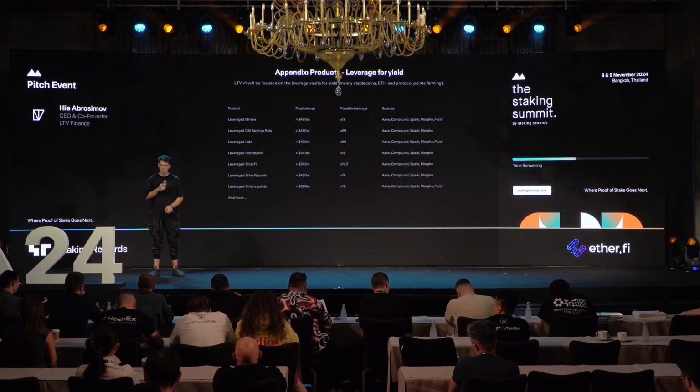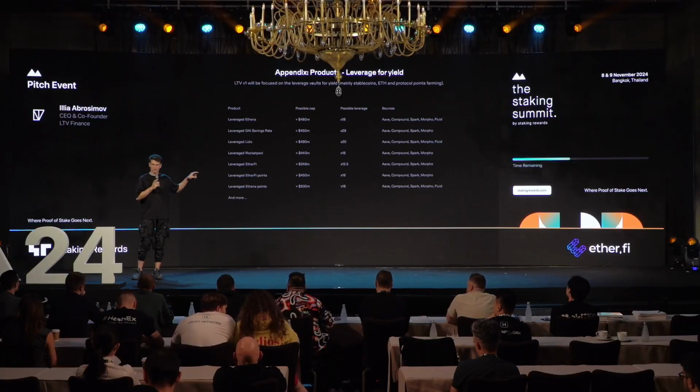Thank you. Can you explain a little bit more what the leverage SRFI and Athena points mean? Points stand for off-chain value stored somewhere in a database. How does it integrate into your protocol? So you're asking about the difference between the leverage Athena itself and the points. Yeah.